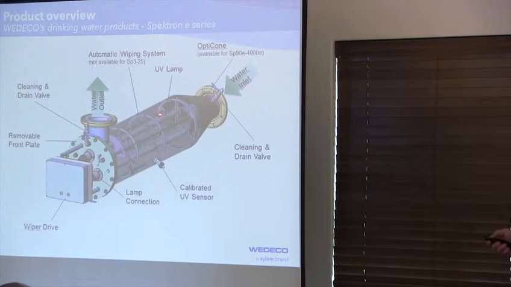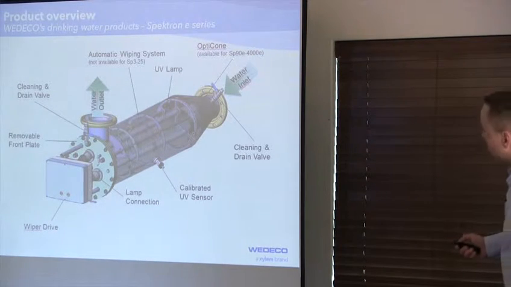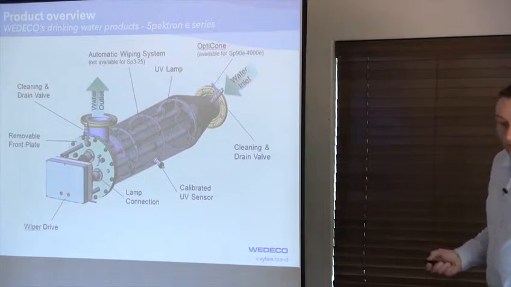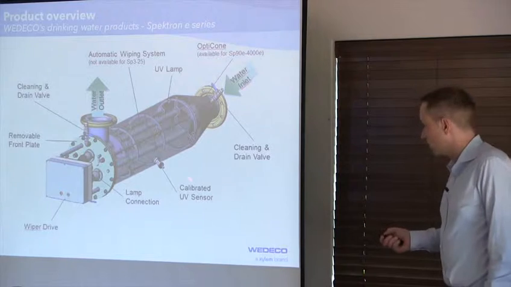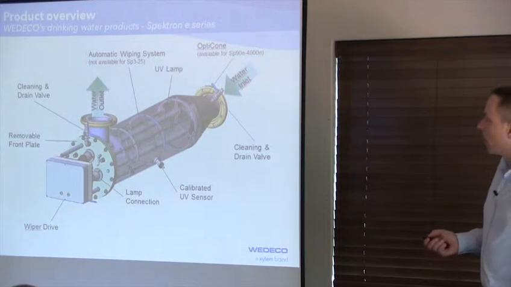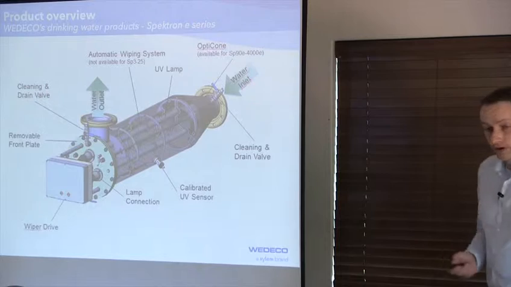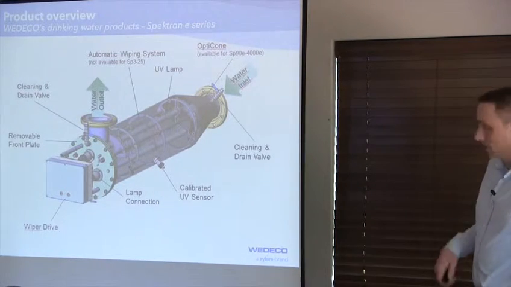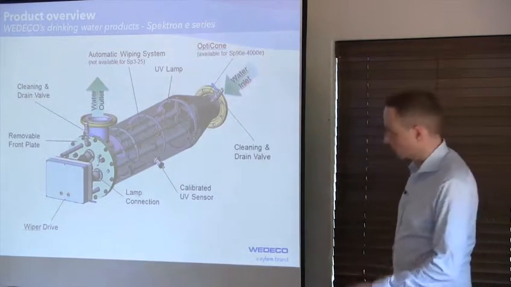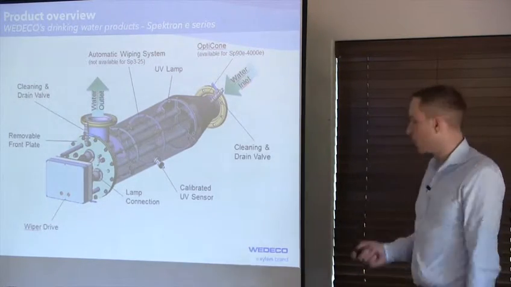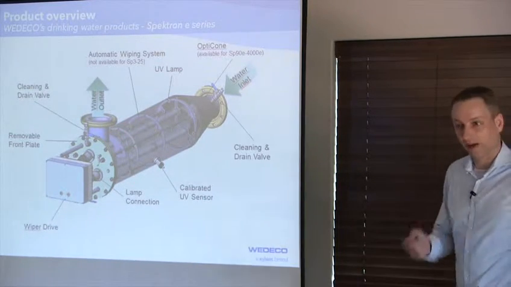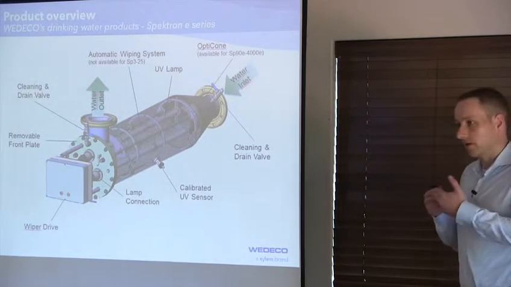The flow enters through the vessel here. You have the lamp arrangement. We always have a calibrated UV sensor to measure the UV intensity, and we actually use the UV intensity to calculate the dose. Some of our competitors just calculate the dose based on a fixed lamp aging formula and the power input, but we actually, as a safeguard, check the actual light that reaches the sensor.